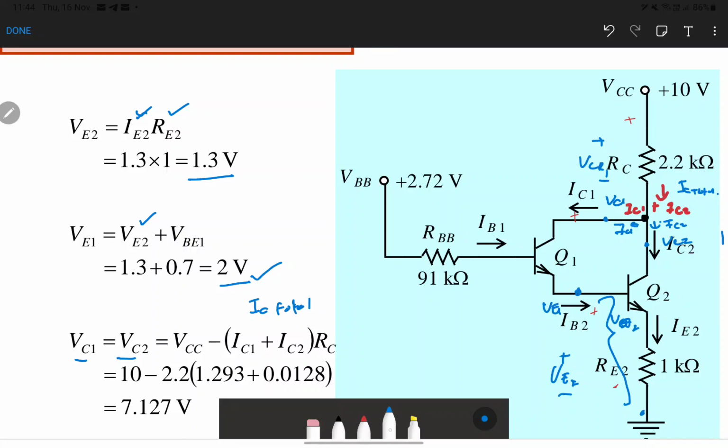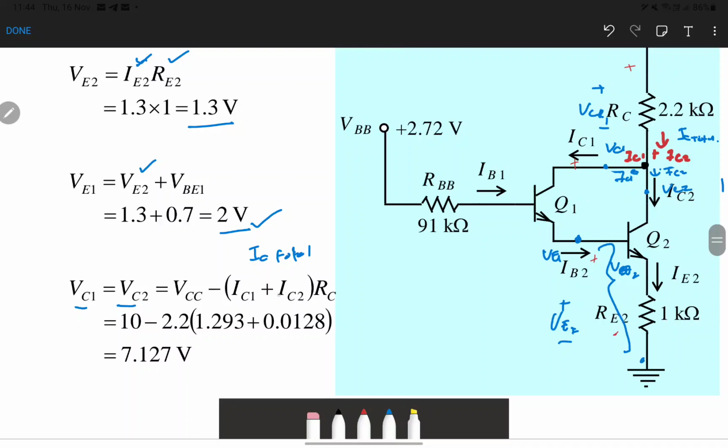Alright, you already found the values of IC1, IC2, just replace. So we take the total current times RC, and then VCC total minus this voltage drop at the RC. We found that VC1 and VC2 is 7.127 volt.